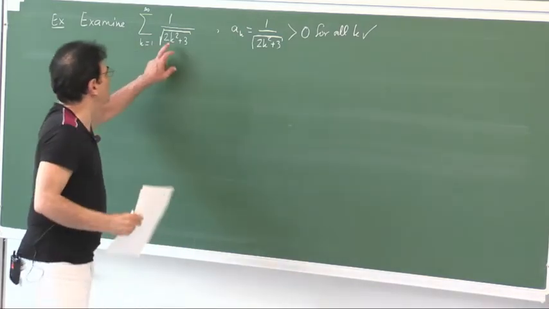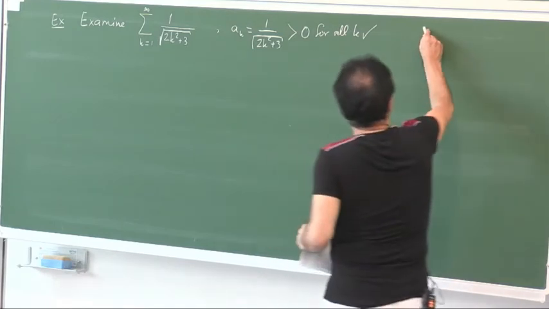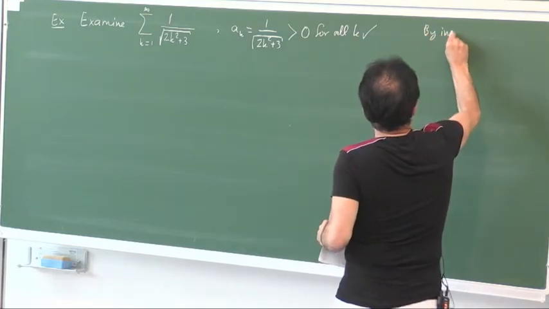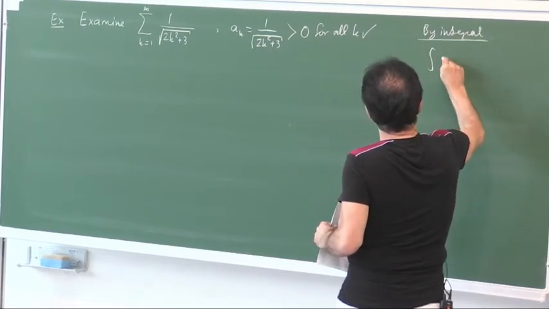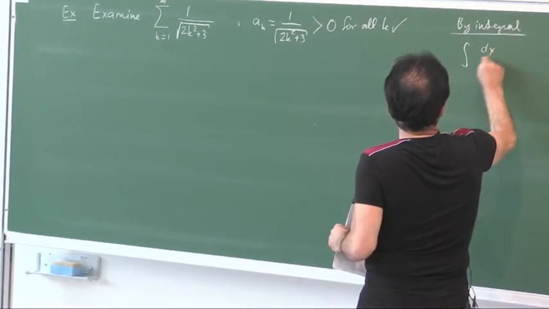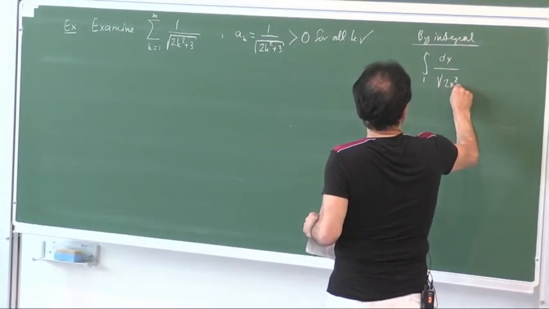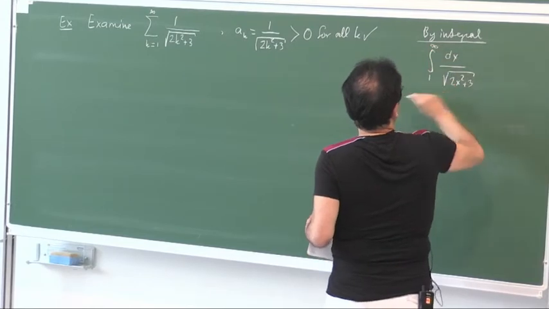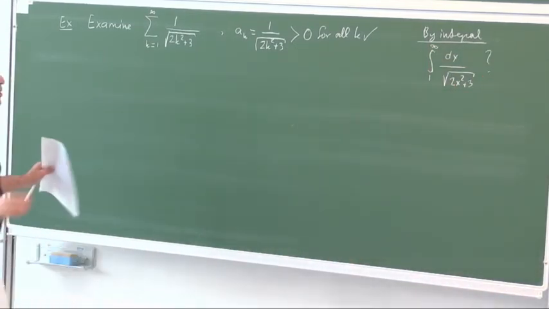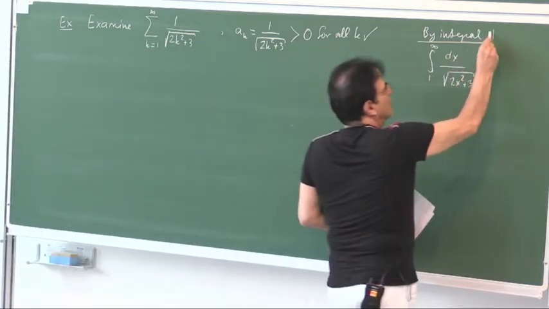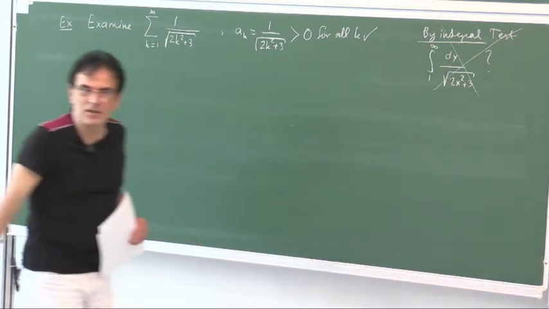But if you use the integral test, in principle it is applicable, but you have to evaluate this integral from some number of 1 over the square root of 2x squared plus 3. This integral may be difficult to evaluate. So forget about the integral test. The comparison test is better. Okay?